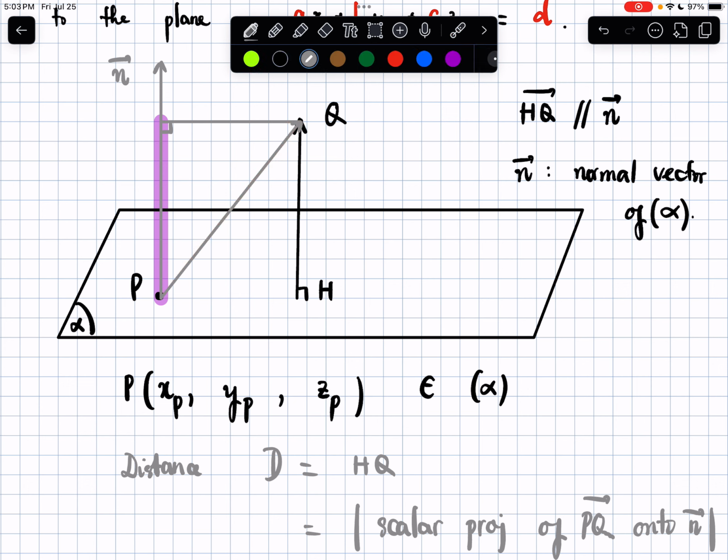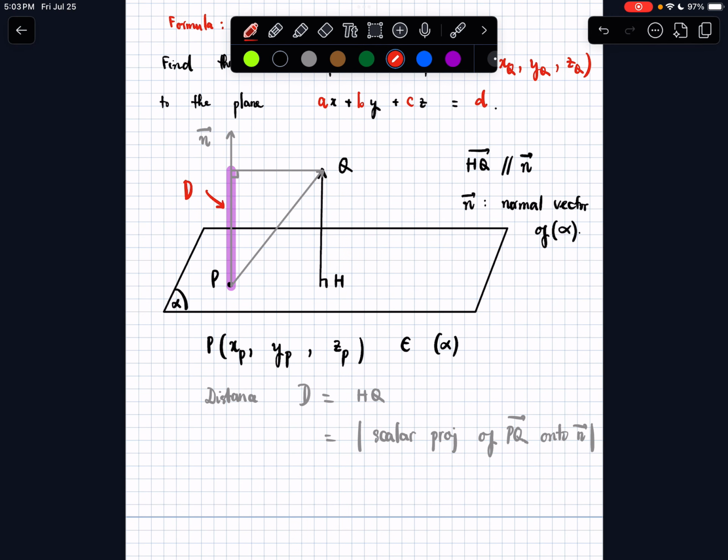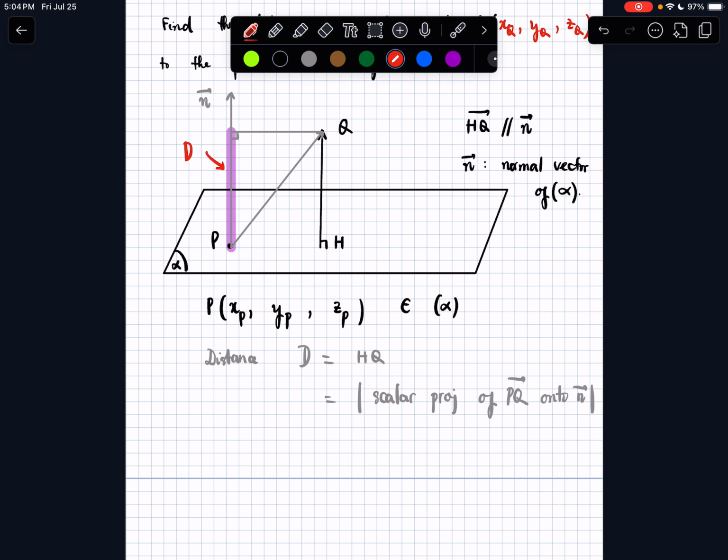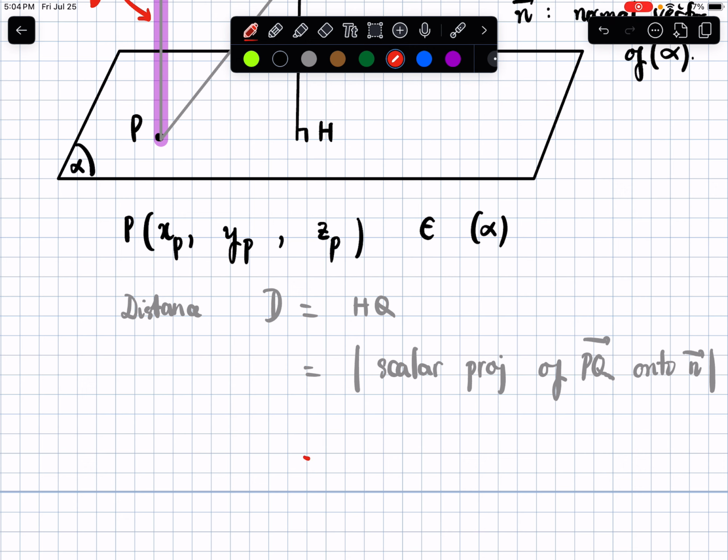So here is the distance D we need to compute. So D equals the absolute value of the scalar projection of PQ onto n. So in notation, it is the absolute value of the component of PQ projected onto n.